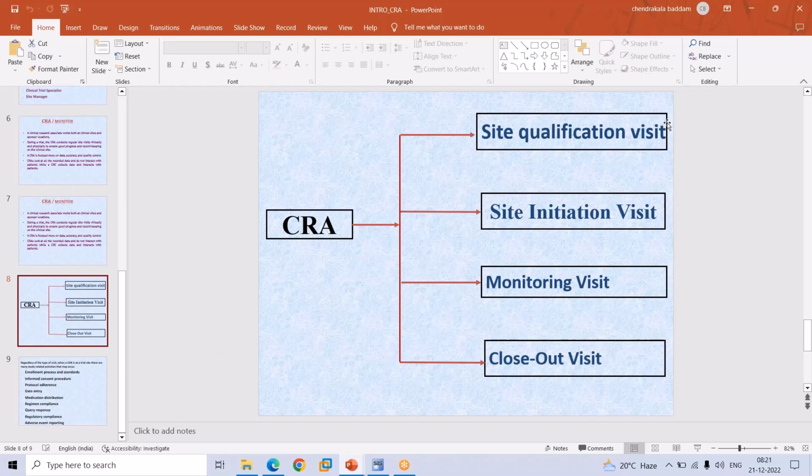So we discussed two visits: the site qualification visit and the site initiation visit. Then periodic monitoring visits will start as and when the study starts. Before that, we have two, qualification and initiation. So once we start initiating the study, periodic monitoring visits will happen at regular intervals.